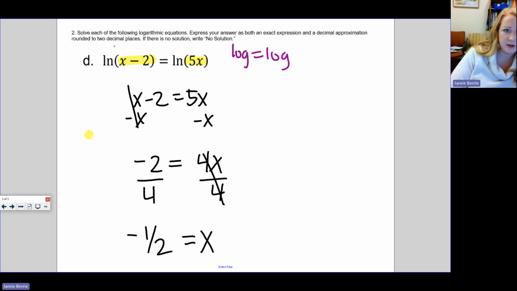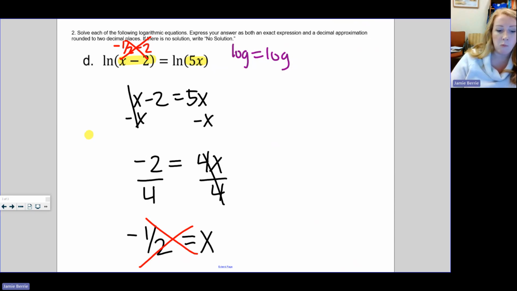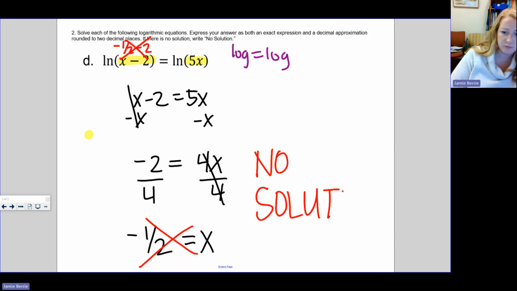If I plug it in right here, negative 1/2 minus 2, that's going to be negative 2.5. That's not okay. I can't plug in a negative. That's going to make my argument be negative, and so I have to eliminate that as an answer choice. So my answer is no solution.